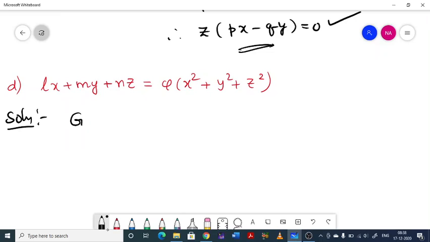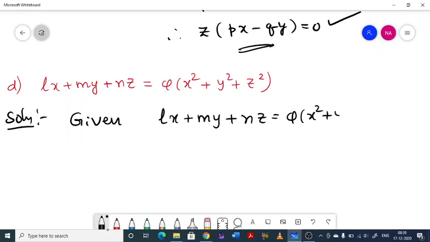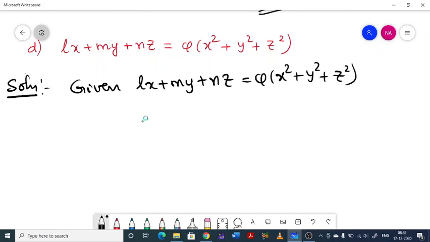Consider the given. See, this is not of the form phi of u comma v equal to 0. It is not explicitly given in that form. Given Lx plus my plus nz equal to phi of x square plus y square plus z square, eliminate here the function phi to get a partial differential equation.